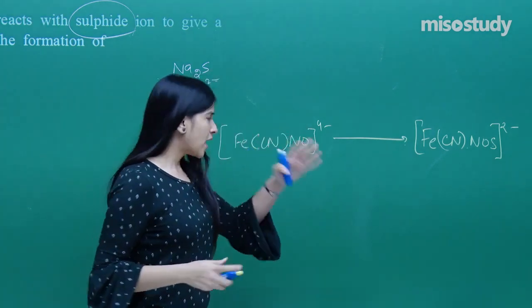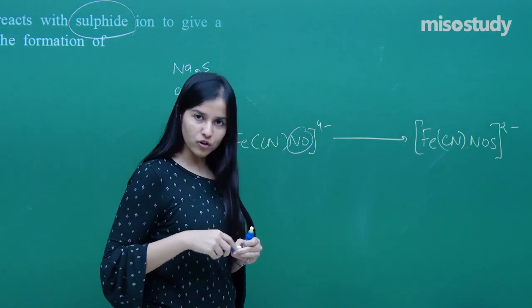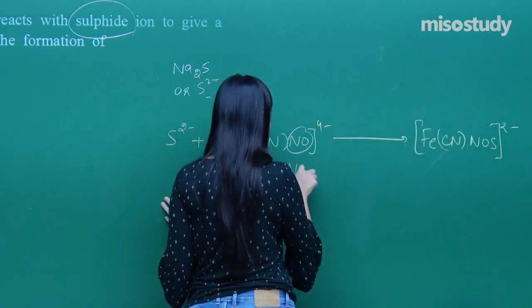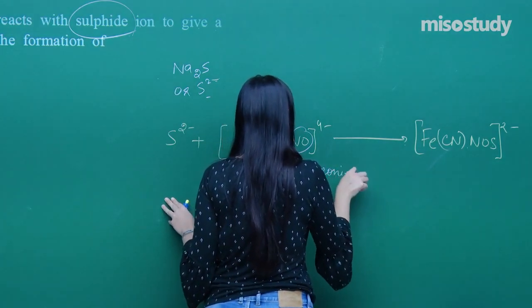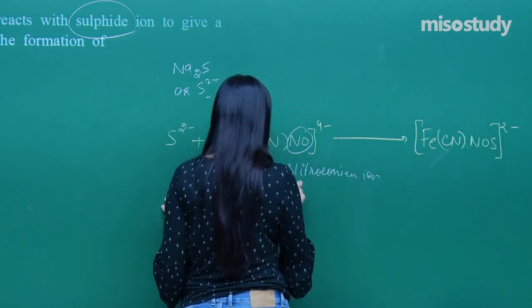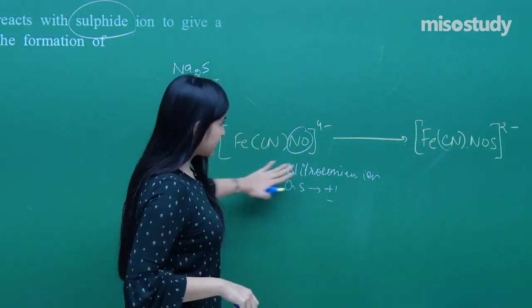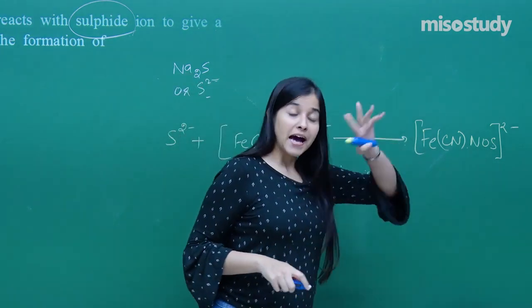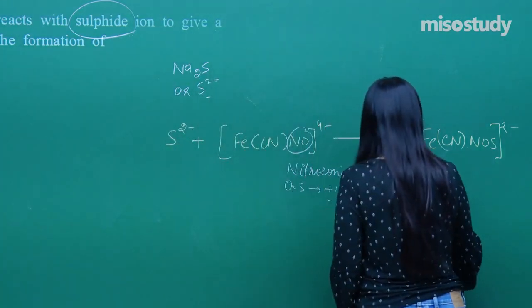If not, I will tell you, this is a special kind of ion. The oxidation state for this is nitrosonium ion. And the oxidation state specifically is +1 over here, clear? And this is the compound which is formed and is responsible for the violet coloration, right?